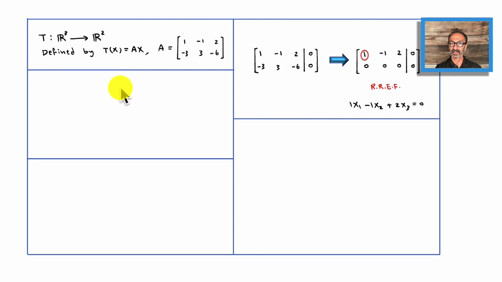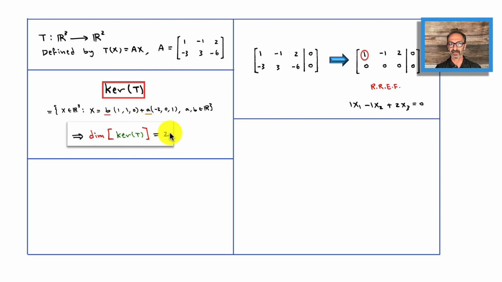And the kernel came up to be, after defining 2 free variables, the following. We pulled B out and A out, and we said the kernel has a dimension of 2 because that's 2 linearly independent vectors, and we have a linear combination of 2 linearly independent vectors that satisfies Ax equals 0.